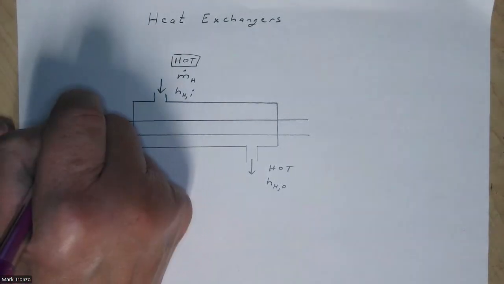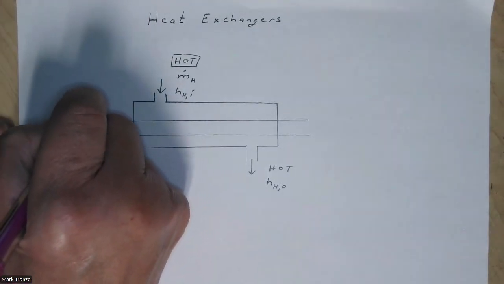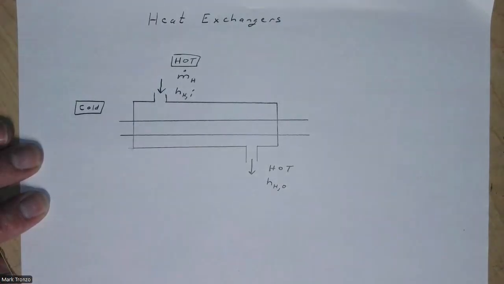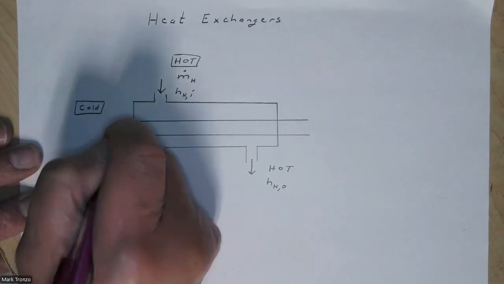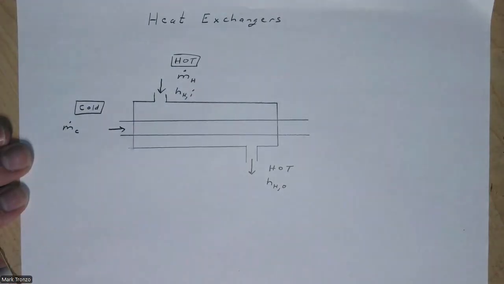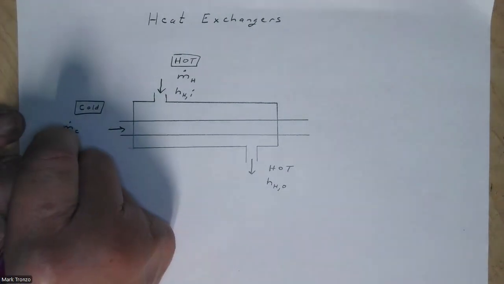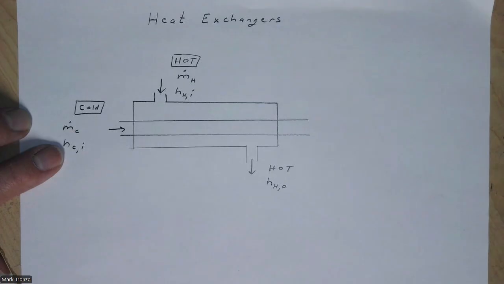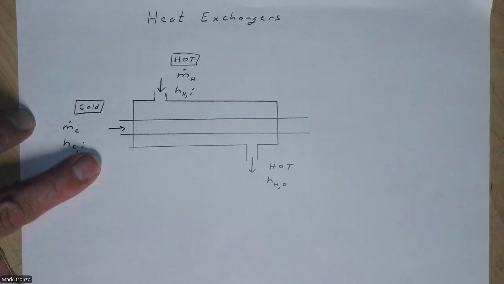And this is going to be the cold fluid. It's going to have M dot C like this. For the inlet, we're also going to need HCI, the enthalpy of the cold fluid at the inlet.